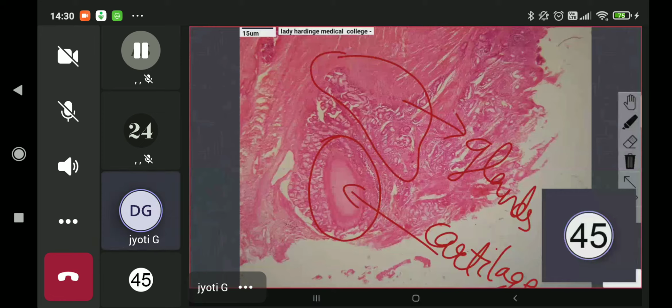Slide is not moving. Has the focus changed on your screens or is it stuck at glands and cartilage?